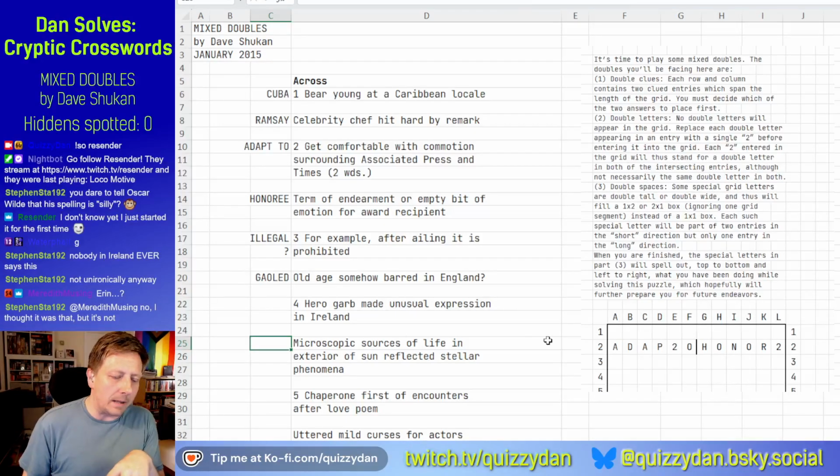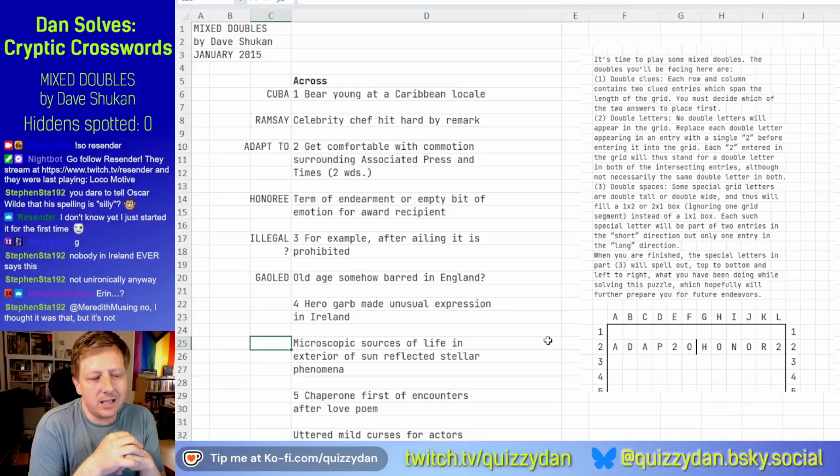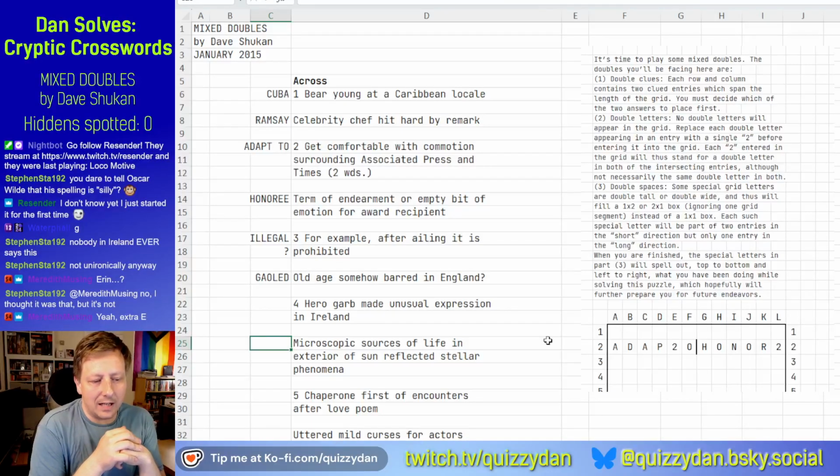So is it going to be like plankton, that sort of thing? Exterior of sun, S and N, reflected, so N and S. So stellar phenomena, flares, coronal mass ejections, eclipses. Microscopic with life. So I'm thinking, I don't know why I was thinking of the ocean. It doesn't say the ocean in there. It could be like amoeba.